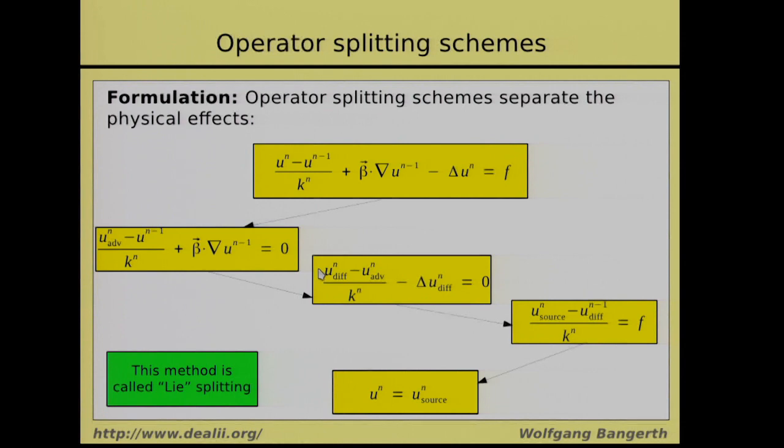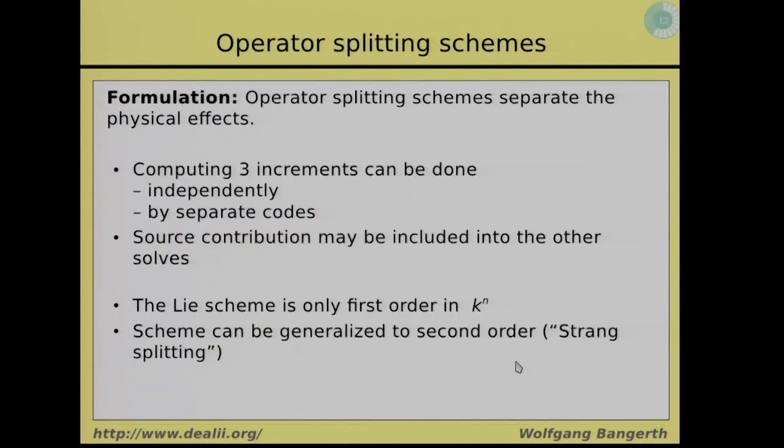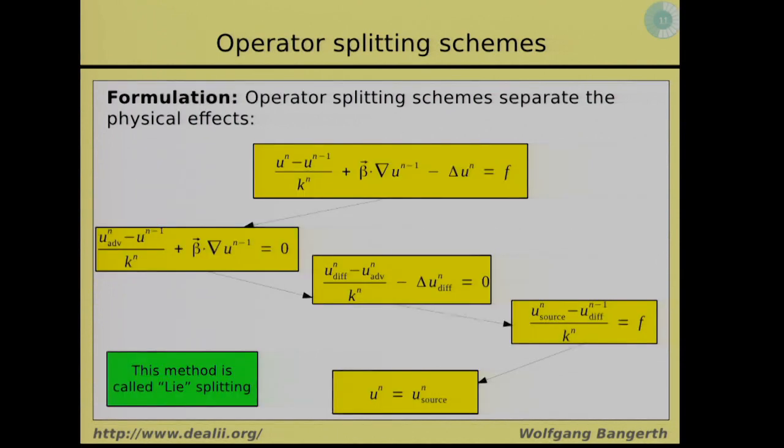So u_n diff, that's the same u_n diff that I have here. And what comes out of solving this thing here is a u_n diff. And I can put this in as the starting point to solve a third equation, out of which comes u_n source, where I'm just solving for the right-hand side. And u_n source is what I'm going to call, here, this is where I want to be. u_n source, that is the end result of my time step.